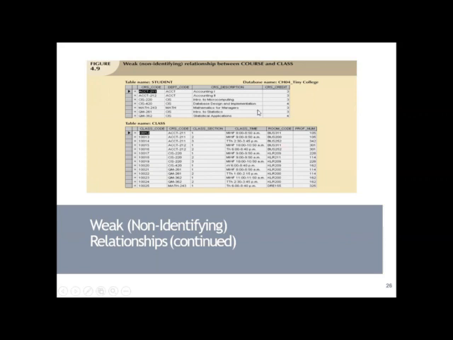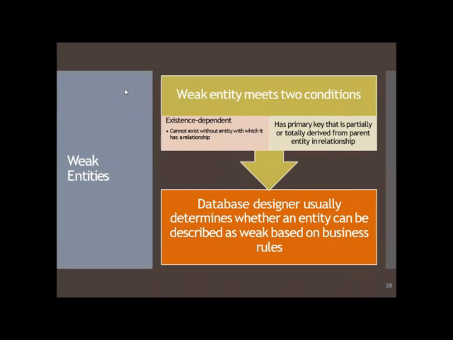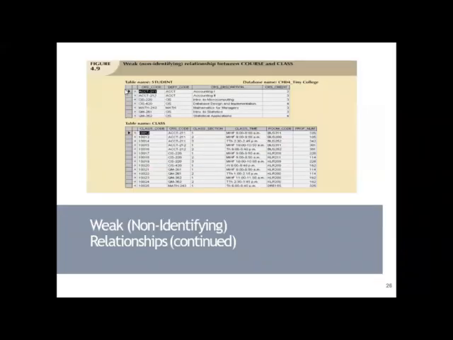In this slide, we can see that the student class has CRS code ACCT 211, and it can generate two classes with CRS code ACCT 211.